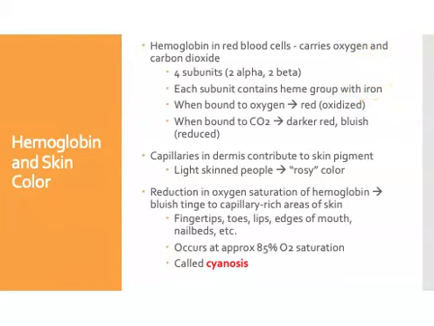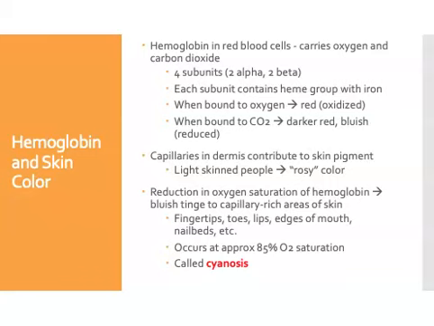That's why if you're anemic, if you are low in the number of blood cells that are circulating, you're also typically low in your iron levels. Now, when hemoglobin becomes bound to oxygen, it turns a distinctive red color. When hemoglobin is bound to carbon dioxide, it is a much darker color. It's more of a dark red or almost bluish color.